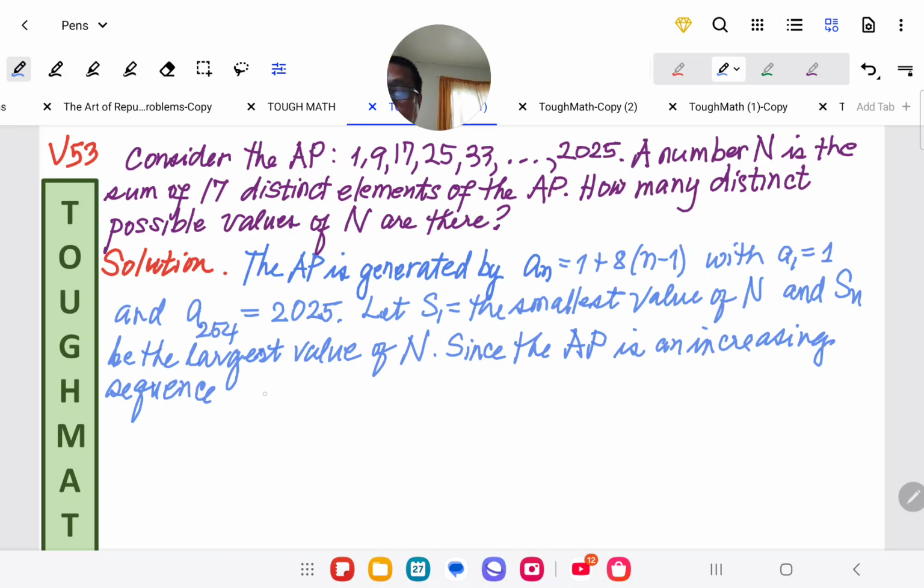S1, the smallest value of n, must be the sum of the first 17 terms of the arithmetic progression.